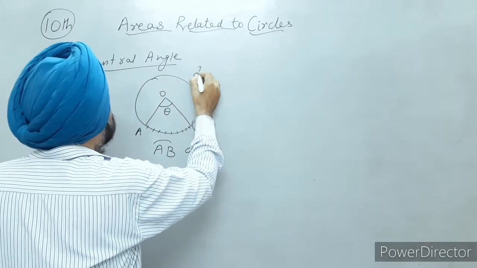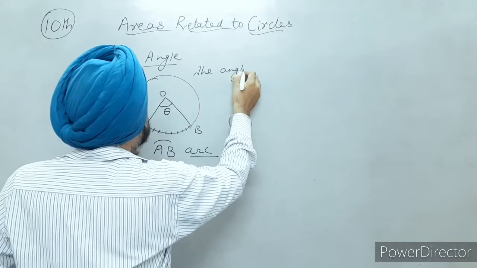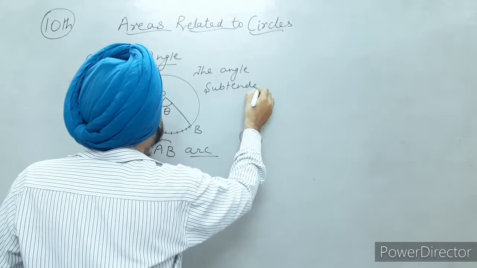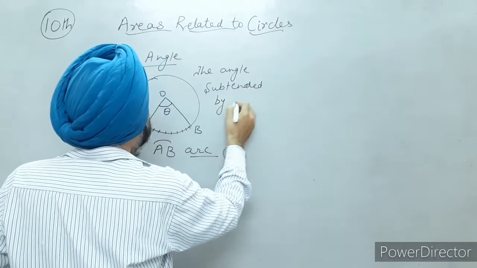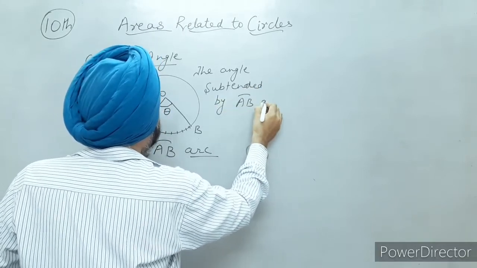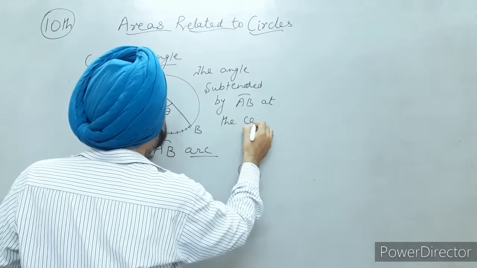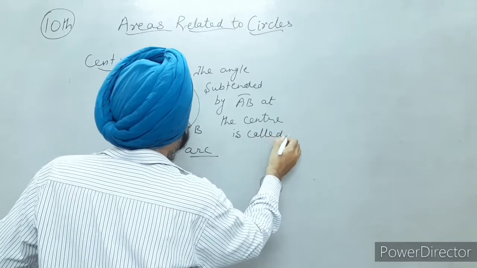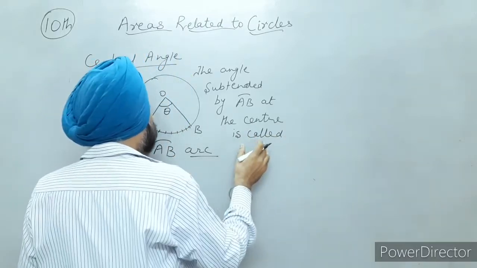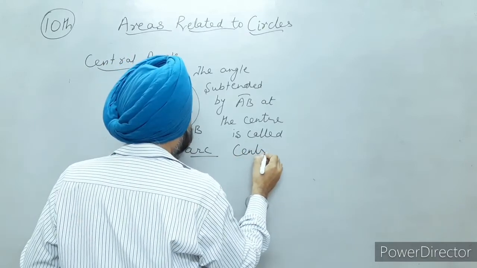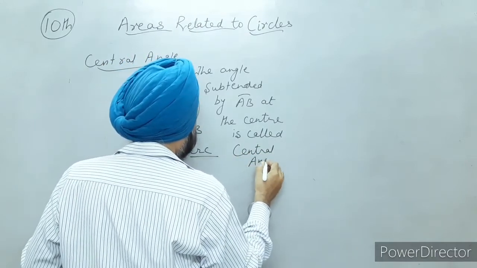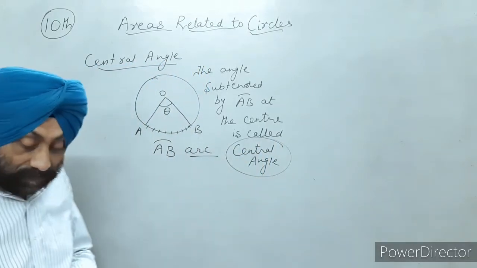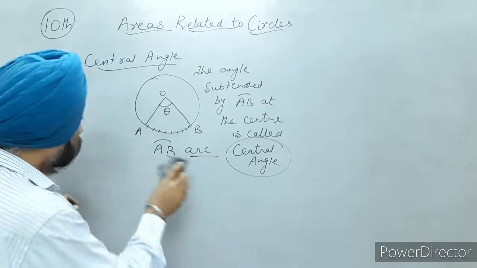That is, the angle subtended by arc AB at the center is called central angle.